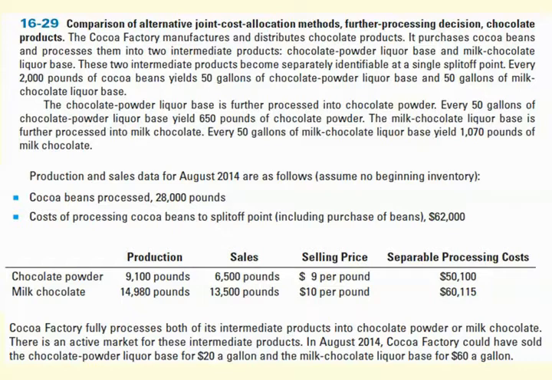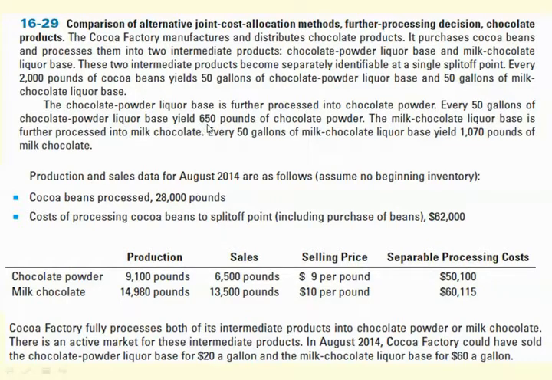Then it said that each 50 gallons results in 650 pounds of the final product, and each 50 gallons of milk chocolate liquor base yields 1,070 pounds of the final product. So now we have 700 instead of 50, and also 700 instead of 50 here.